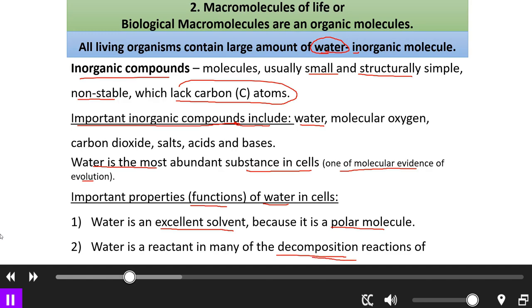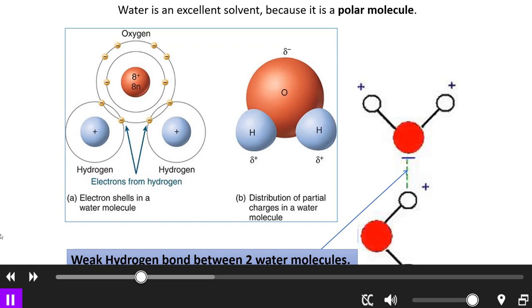And for this decomposition reaction, we need water in order to break down our food molecules into simple ones. Next, water is an excellent temperature buffer, and we will talk about the importance of this for the survival of living organisms.